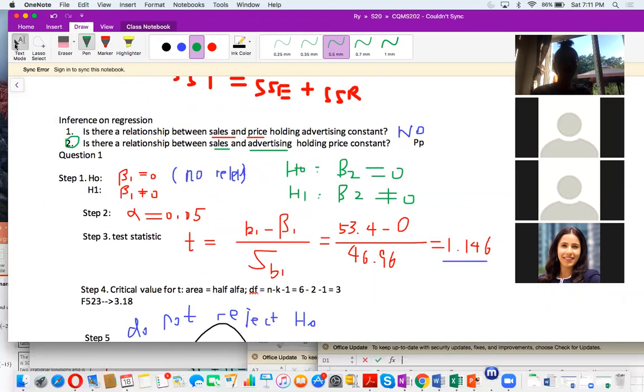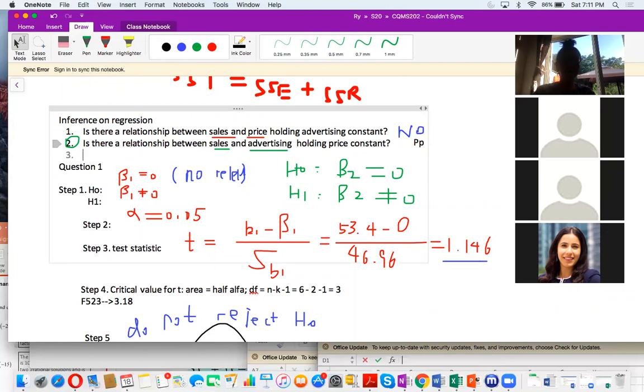The third question: is there a relationship between sales and combined price and advertising?